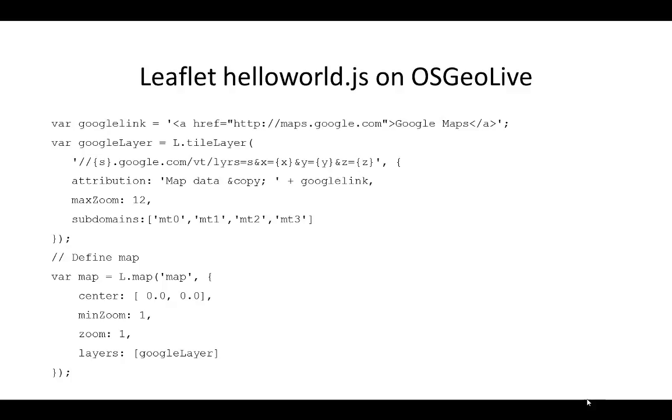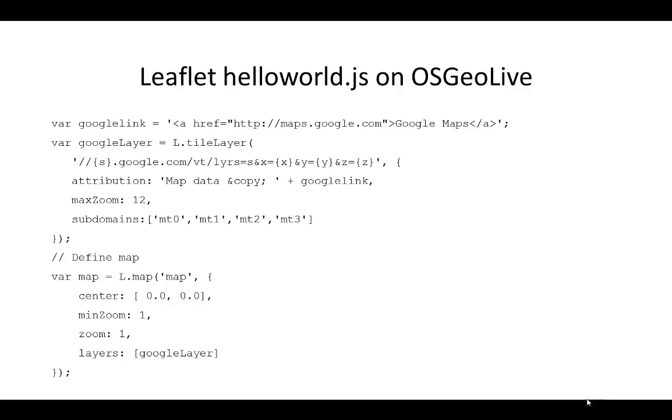We'll see those in a second. Then we have another series of arguments, x equals x, y equals y, z equals z. These are the x, y, z coordinates of what you're looking at on the map. So x and y, obviously, your latitude, your longitude of your map. Z, your zoom level, your height.